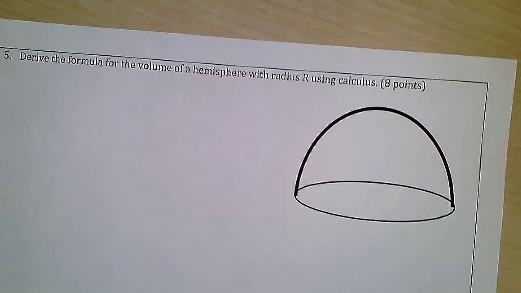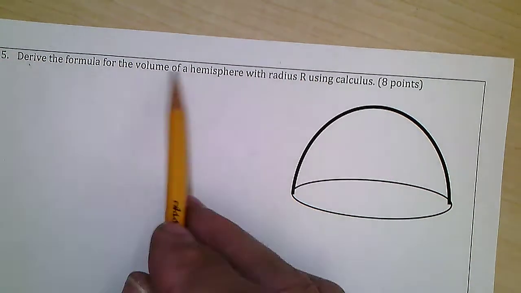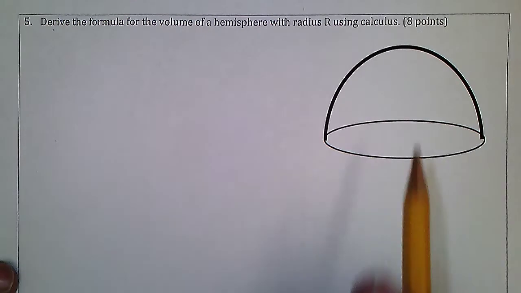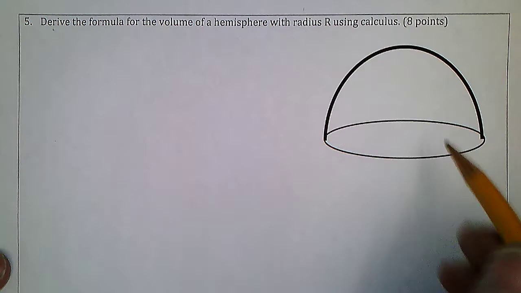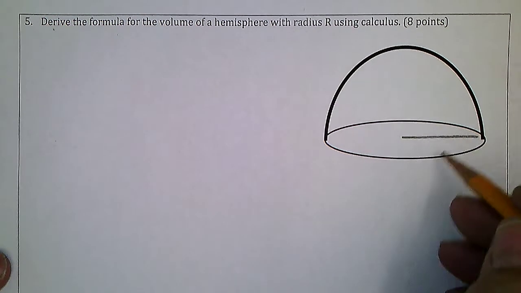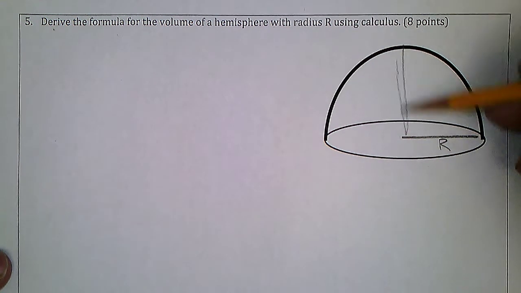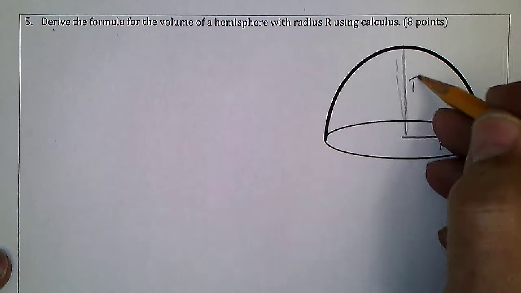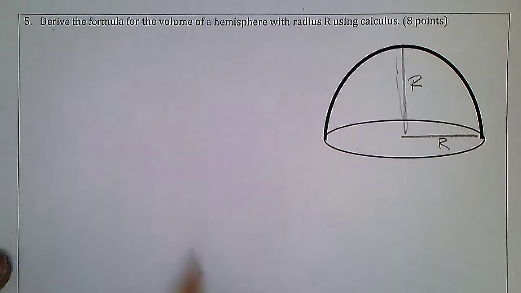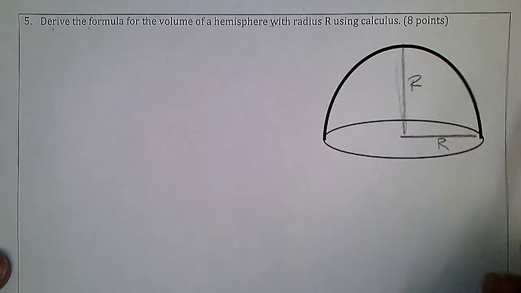All right. Number 5 says, derive the formula for the volume of a hemisphere with the radius r. So that would be r. In this direction, since it's a hemisphere, would also be r. And the volume.